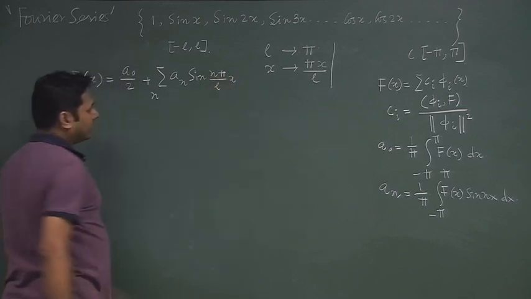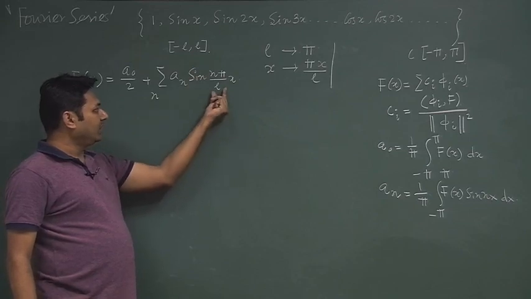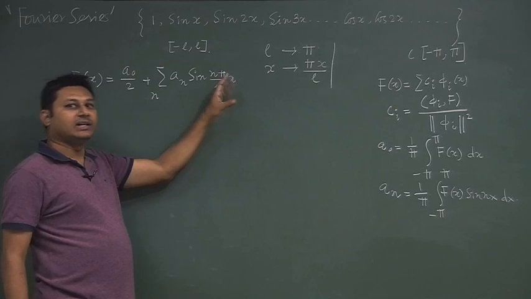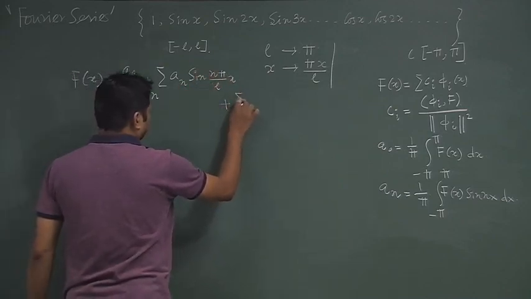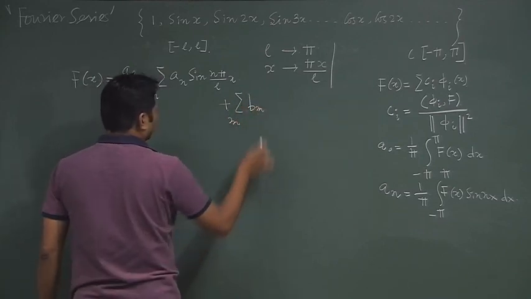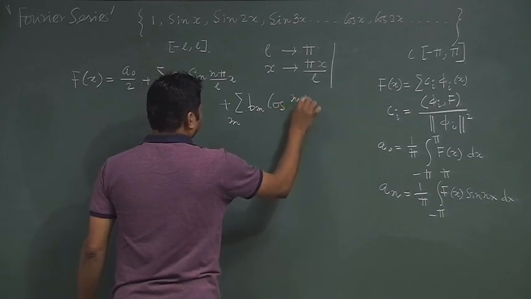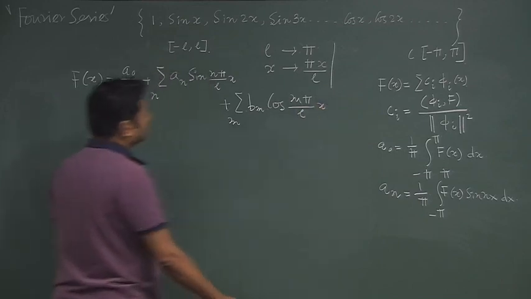I can't write sin(nx) because my limit is minus L to L. Please note that when x is L, it comes to n pi. So, I am just rescaling this quantity, plus b_m cos(m pi x by L).